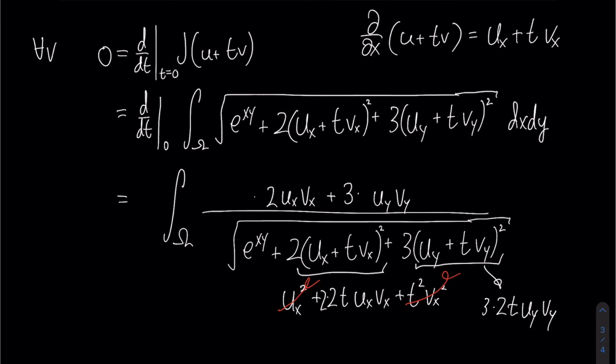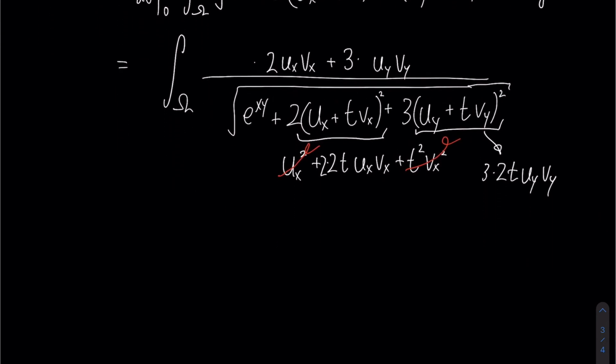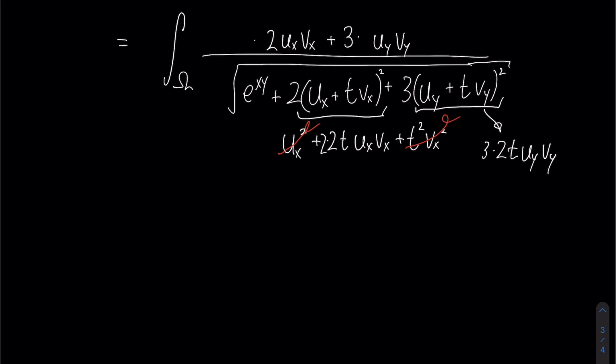And so now the irrelevant parts in the denominator are, okay, pay attention, are this part and this part. Why? Because I'm plugging in 0 into t. So I'm evaluating all of this at 0.